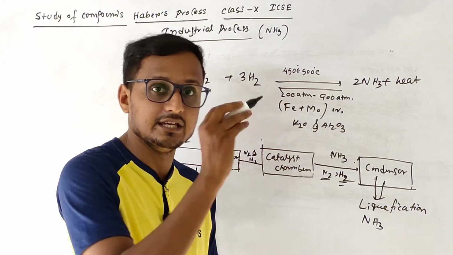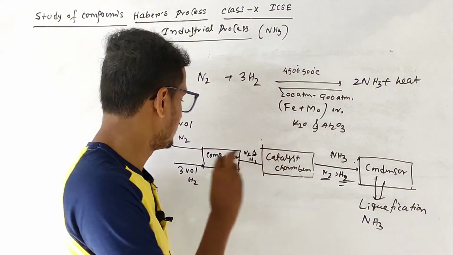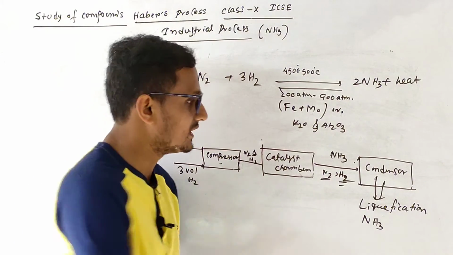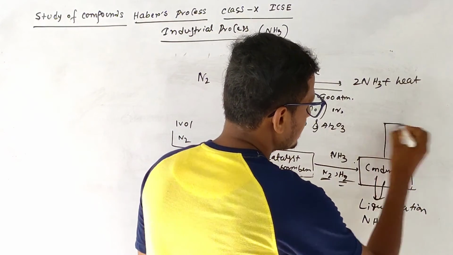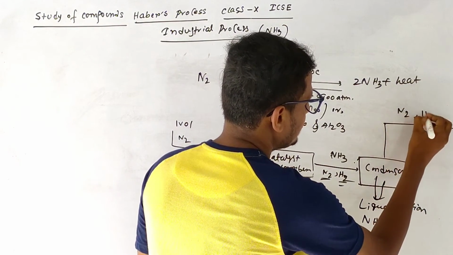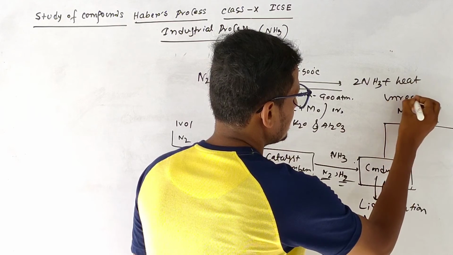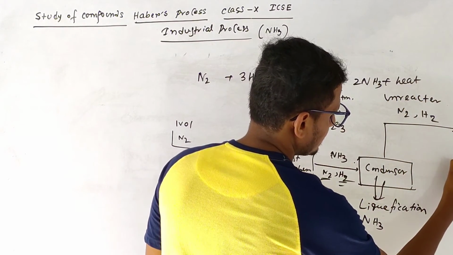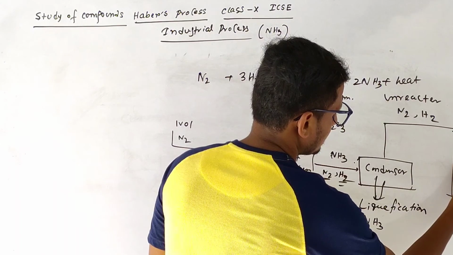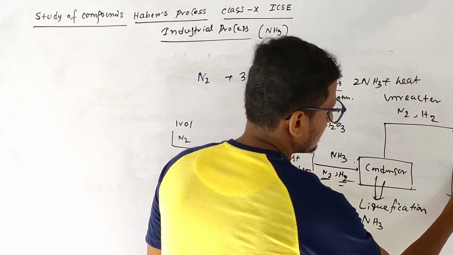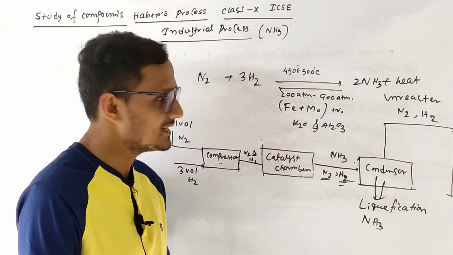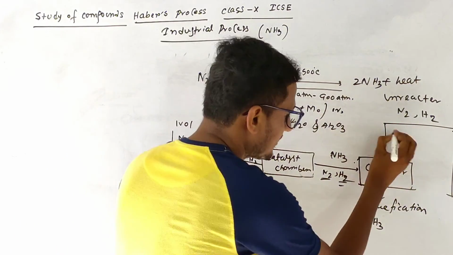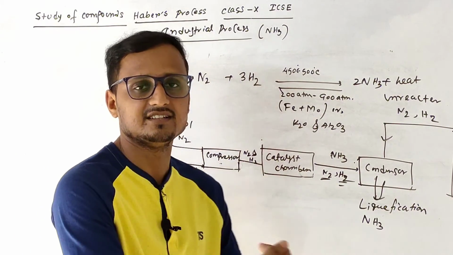That can be used again in the compressor, and then taken again in the condenser. After that we can again get ammonia.